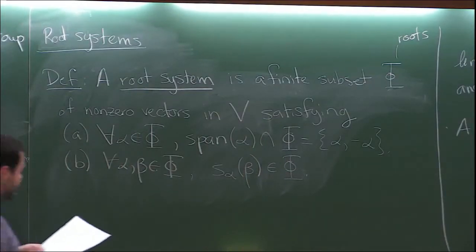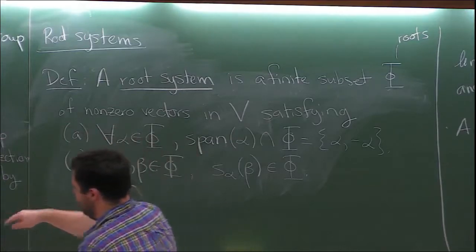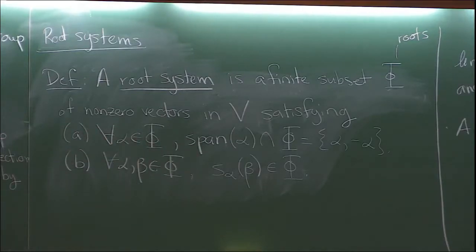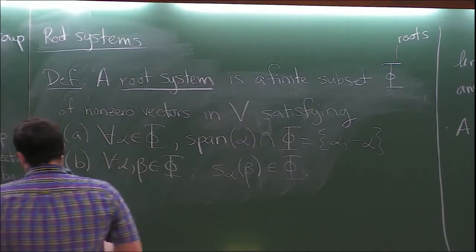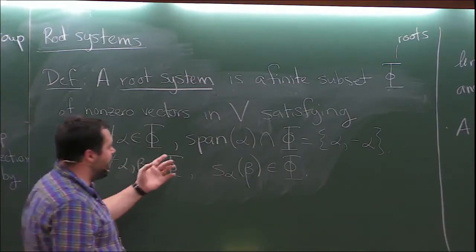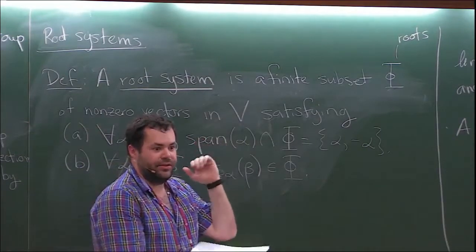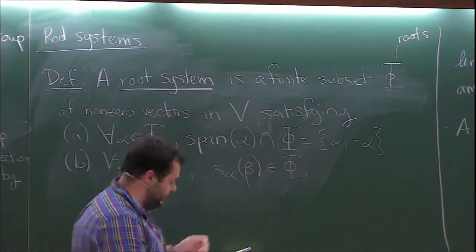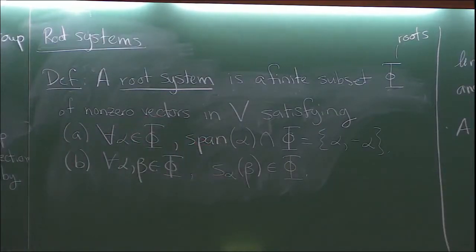Okay, good. So let's go back to this example right here. I want to write down a root system corresponding to the picture. Let's think about the definition. I have these reflecting hyperplanes, and I want to think about the vectors that are perpendicular to these reflecting hyperplanes. So let's draw those first.